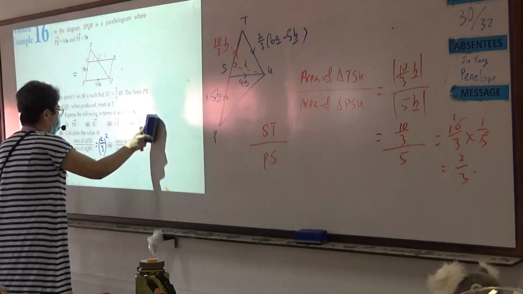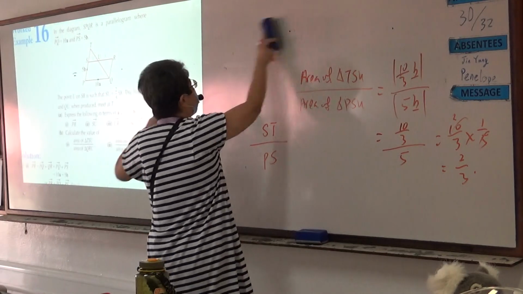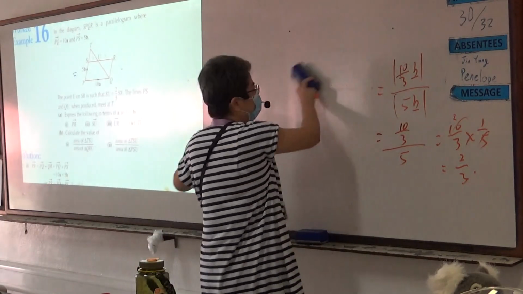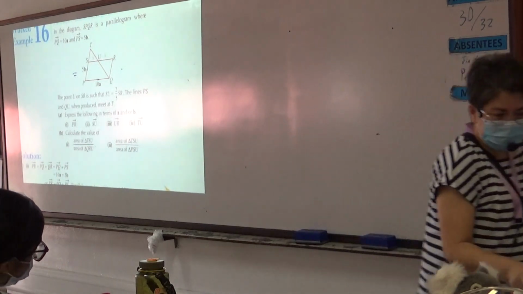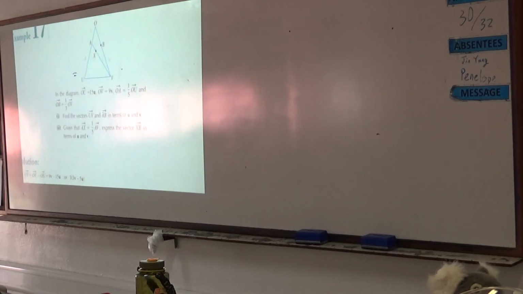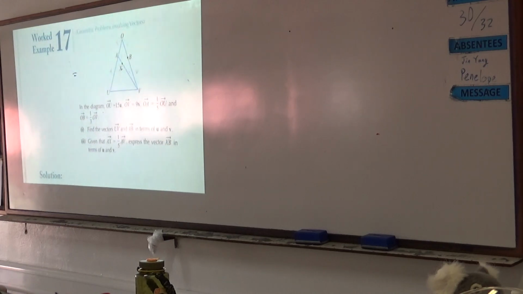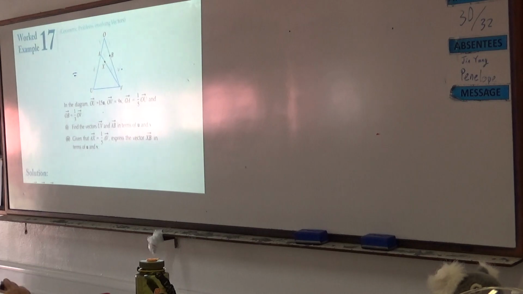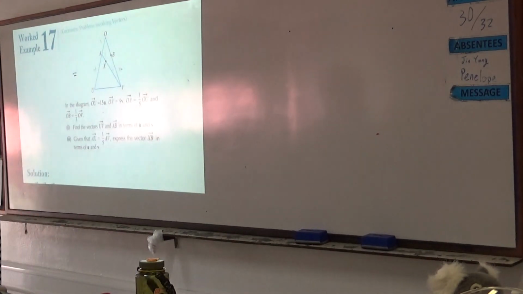Next, I'm going on to example 17, and I only have 10 more minutes. Let's all look at example 17. That's why I say in front is quite simple, but at the back here application, you'll kill people, you understand?